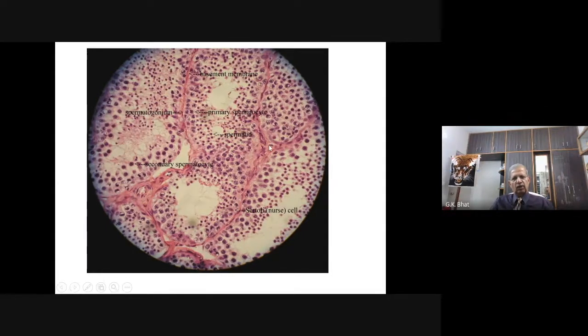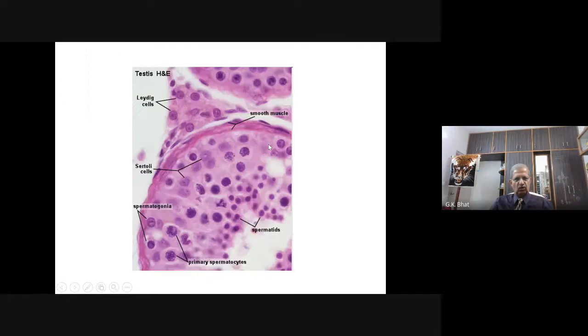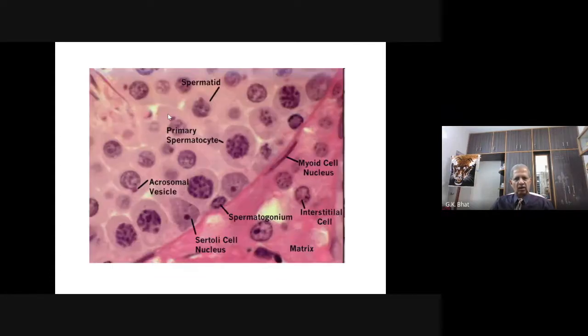In this you have the Leydig cell, which is concerned with the production of the male hormone, testosterone. This is interstitial tissue in between the seminiferous tubules, and here you come across a Leydig cell. And the Leydig cells present in between the seminiferous tubules of the testes secrete the hormone testosterone, right?